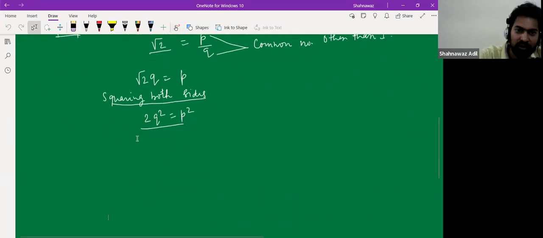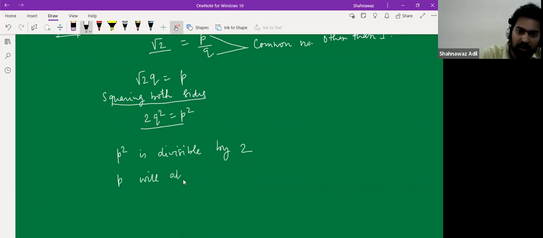We apply the previous theorem: p square is divisible by 2, so p will also be divisible by 2.